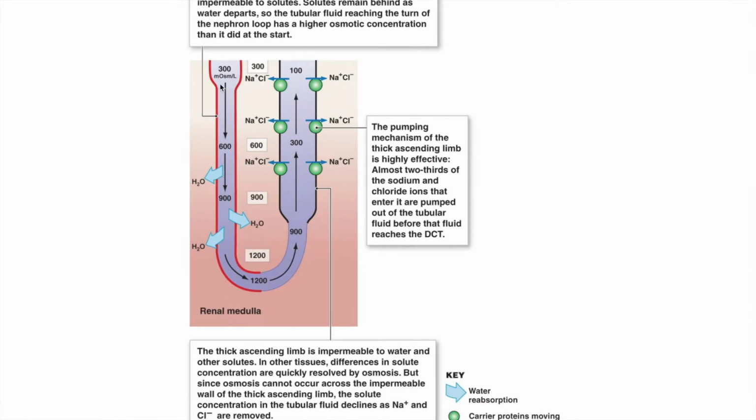So this shows, here's the descending limb, and water is leaving and the filtrate is becoming more concentrated. And then in the ascending limb, it's impermeable to water, but ions are actively transported out, so the concentration in the filtrate decreases.